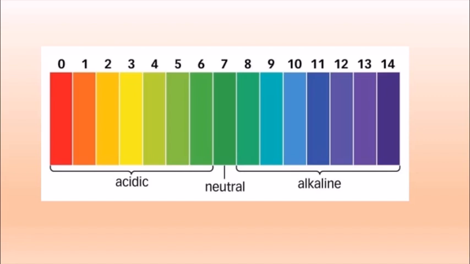So you have to understand this: if the pH is 7, it is made from a strong acid and a strong base. If the pH is less than 7, it is made from a strong acid and a weak base. And if the pH is more than 7, it is made from a weak acid and a strong base. So this is how we have neutral, acidic and basic salts.